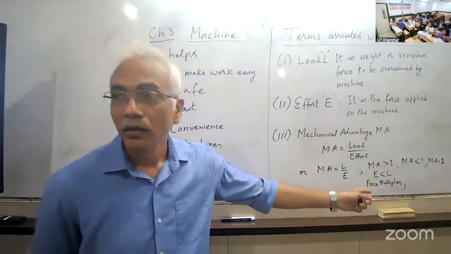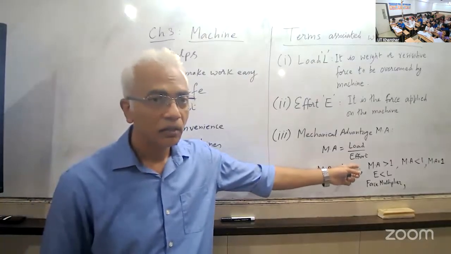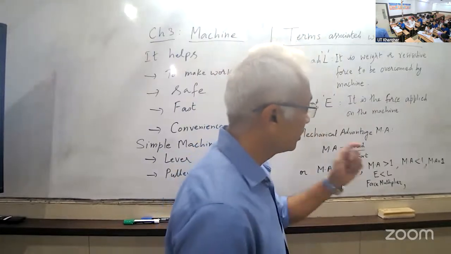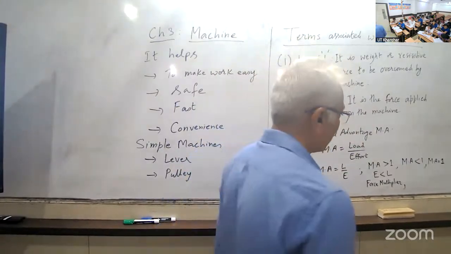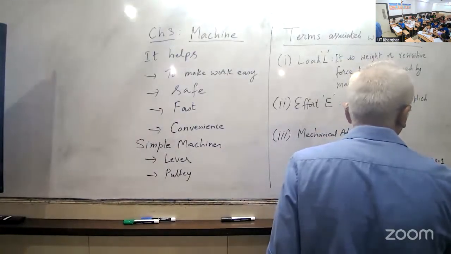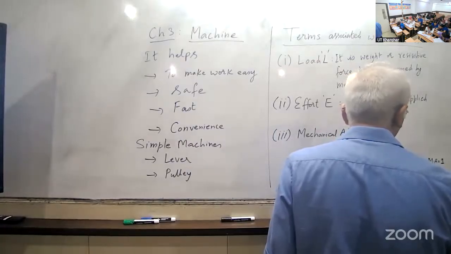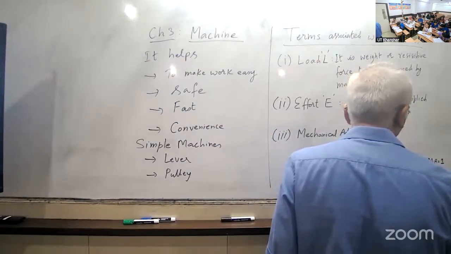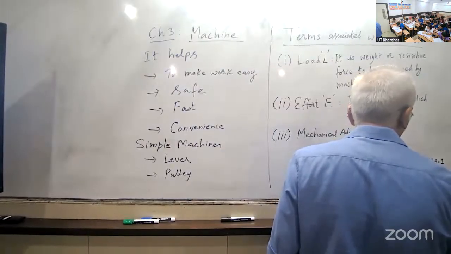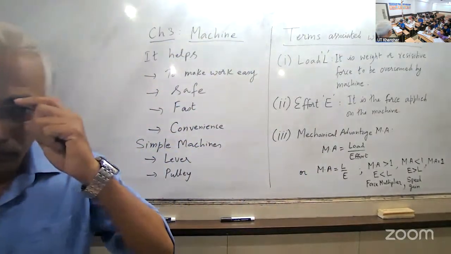Right? So in this case, effort is less than load, and that's why we are getting mechanical advantage greater than 1. When the mechanical advantage is less than 1, it means effort is greater than load. And in this case, the machine provides speed gain, meaning it delivers the work fast for us.